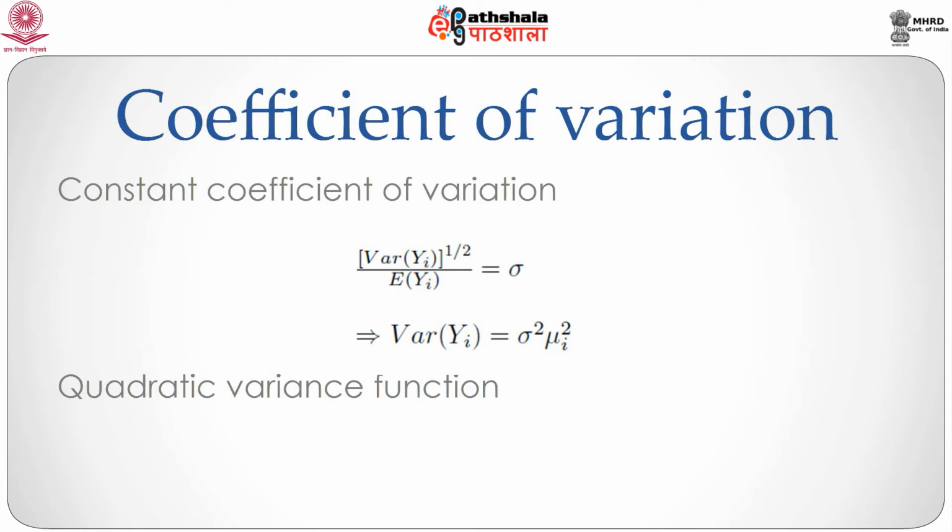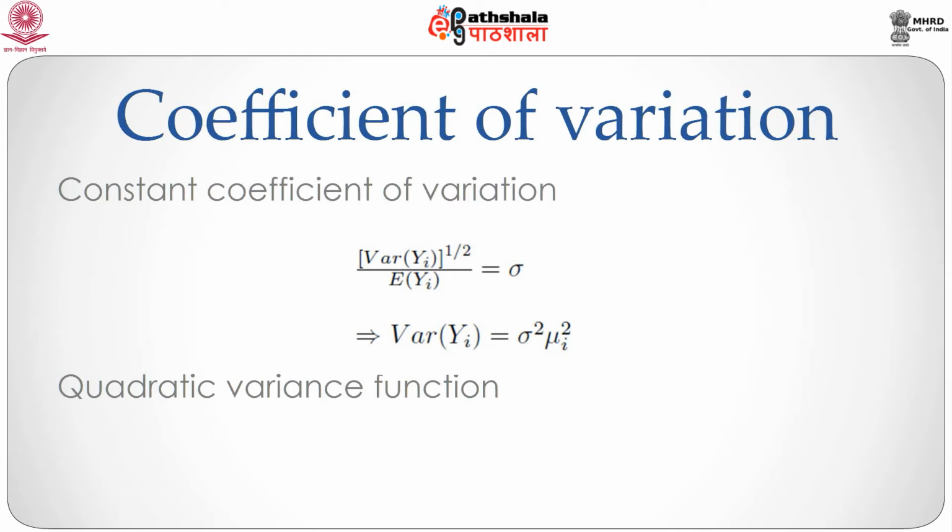Note that although it is standard to measure the variability of a data set using the standard deviation or the variance, in some cases a more natural measure is the coefficient of variation.